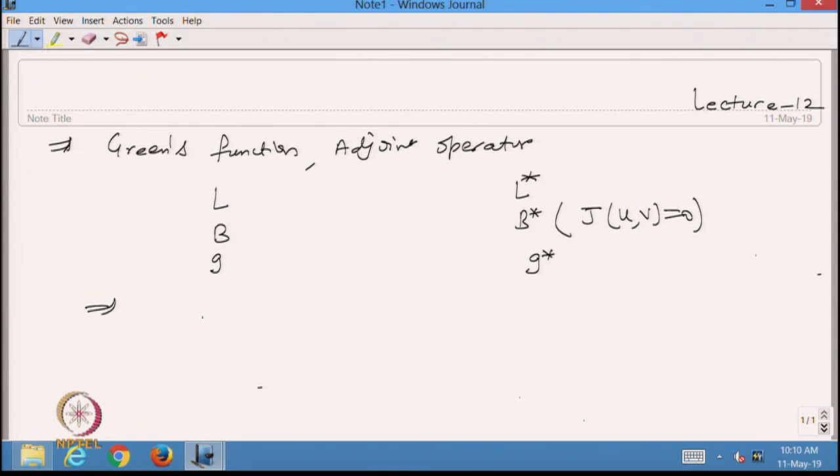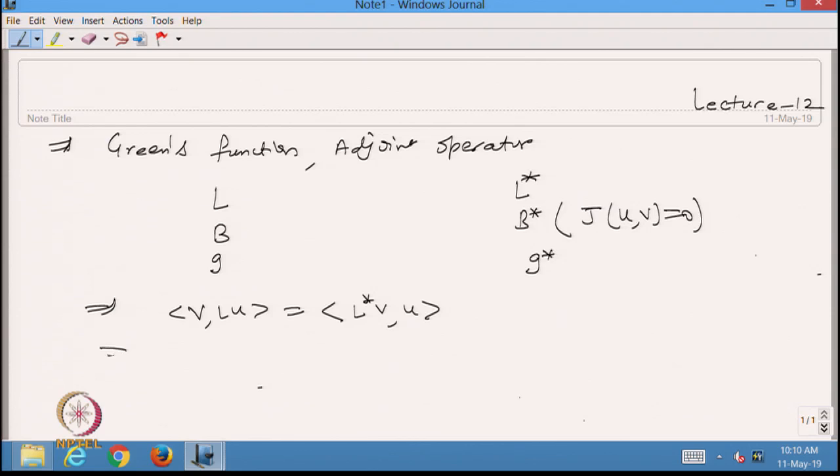Now, I also know that the inner product of V with LU is equal to L star V with U. This is the way we have defined the inner product, and from there we are able to find L star.